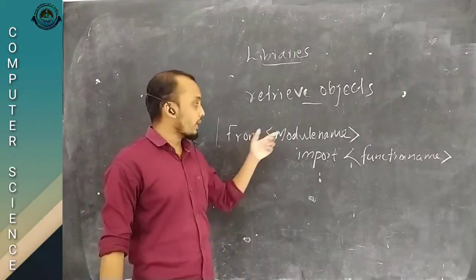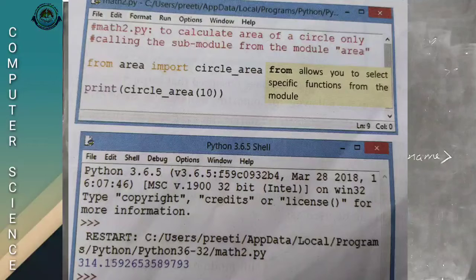We can explain retrieving objects with the help of one example. Please look into this image. Here one program is given, based on the previous class.